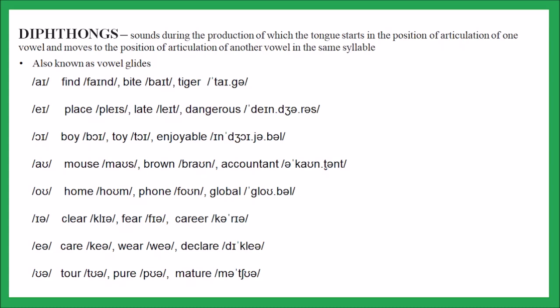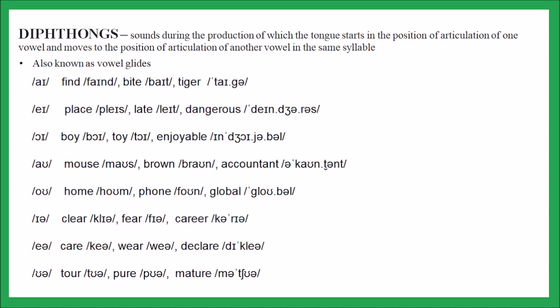Okay. Then number 5. It begins with an O sound and ends in an U sound. O. For example, home, phone, global. We know we mispronounce these words.